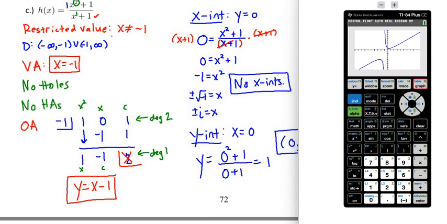And we can observe our vertical asymptote here at x equals -1, so that's correct. But I'm going to go back to y equals, and I'm going to have the calculator graph my oblique asymptote as well. So I'm going to type in y equals x minus 1, and it will graph it on the calculator in red. So we can see that both asymptotes fit the curvature of our graph.